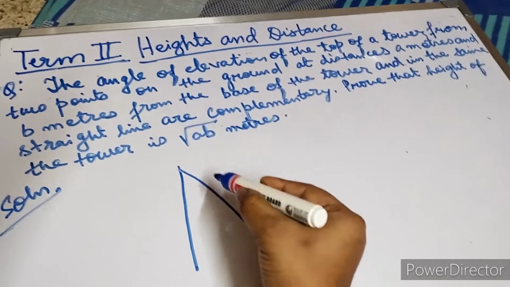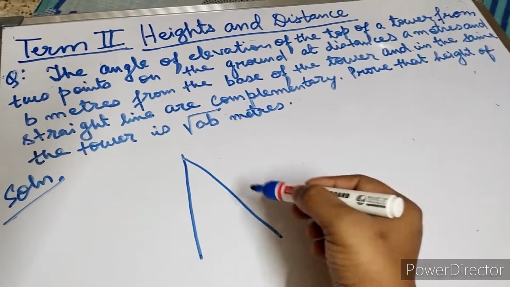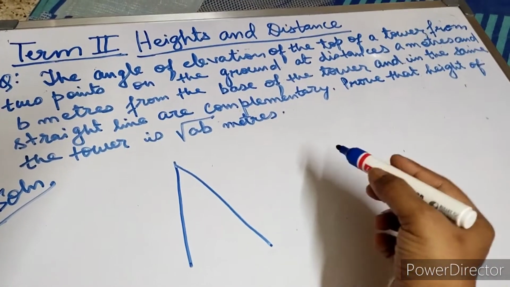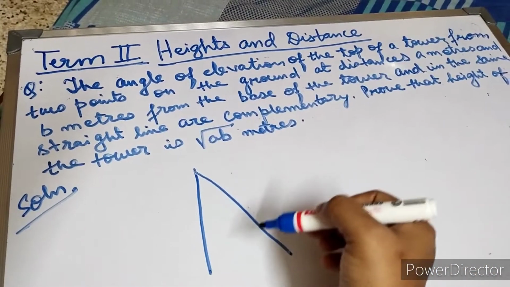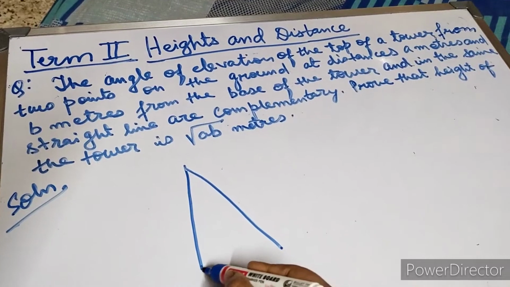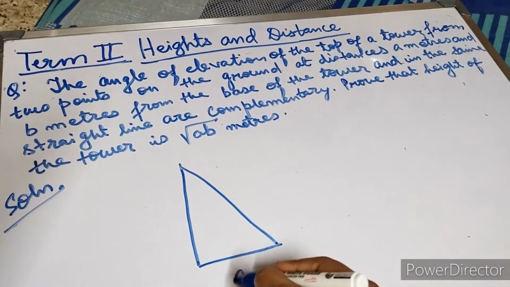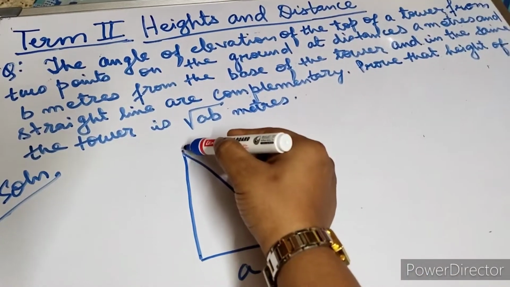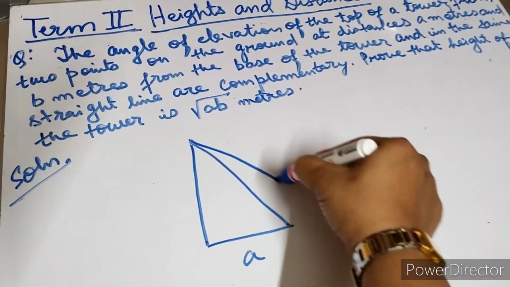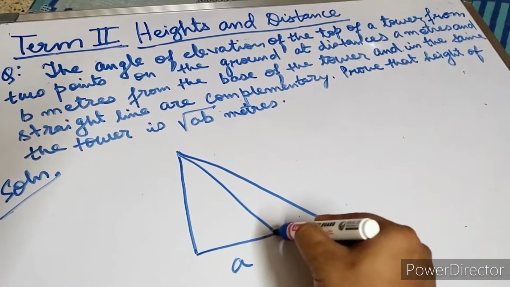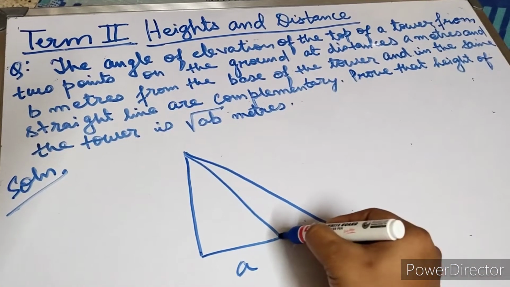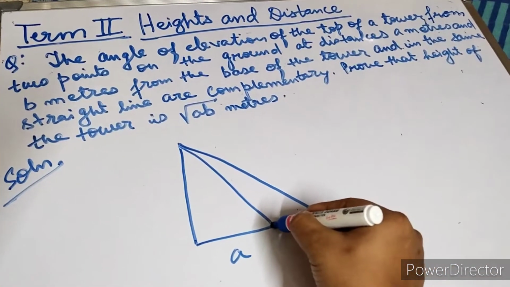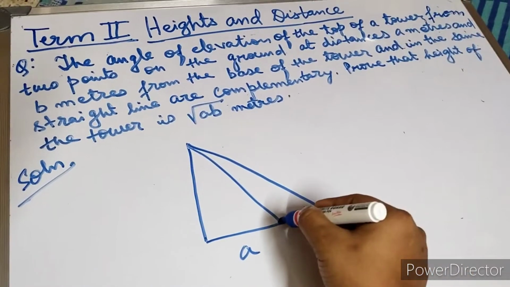The angle of elevation of the top of a tower from 2 points on the ground, at distances A meters and B meters from the base of the tower. Suppose this is 1 point. Suppose two boys are there. One boy is standing here, another boy is standing here.